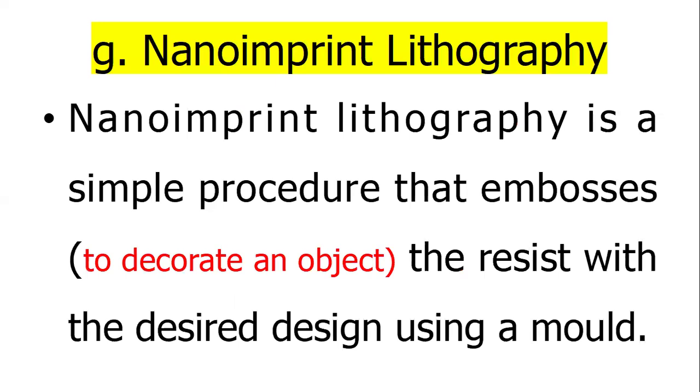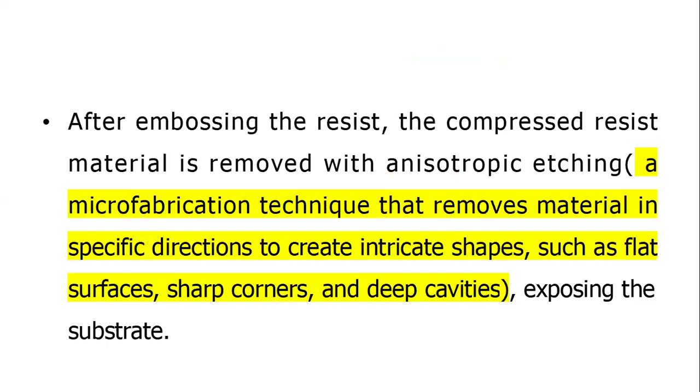Nano-imprint lithography. Nano-imprint lithography is a simple procedure that embosses the resist with the desired design using a mold. After embossing, the compressed resist material is removed with anisotropic etching, exposing the substrate.